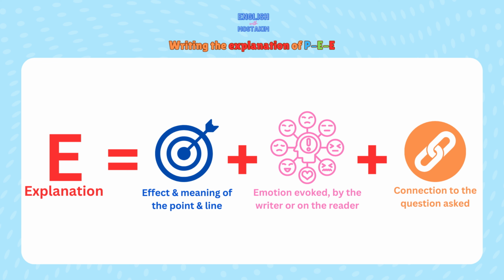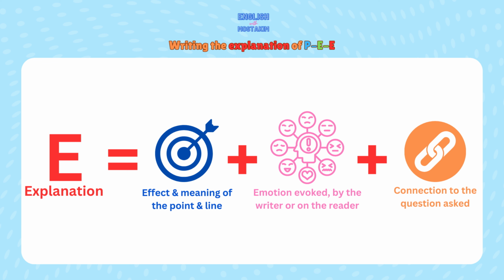And at the end of all of it, we will write down how the point that we have made, how the effect of that point, and how the emotion that was evoked answers the question that was asked for the analysis. So that concludes our explanation.